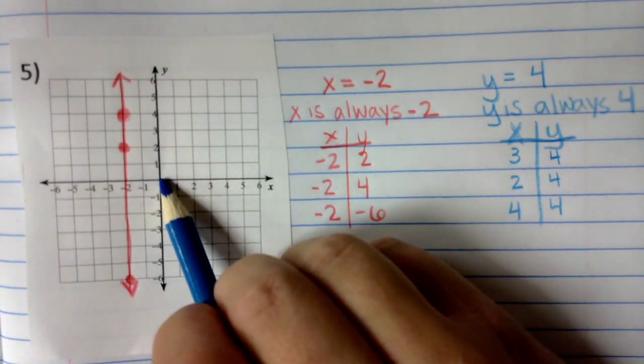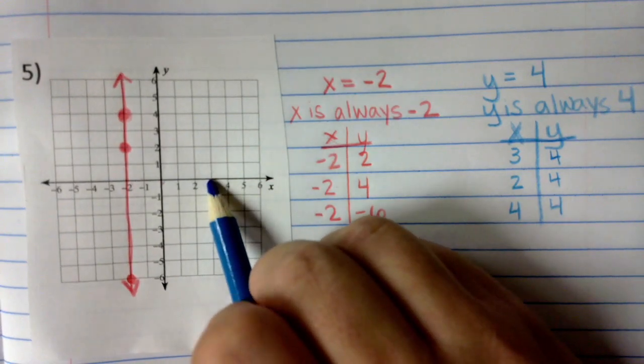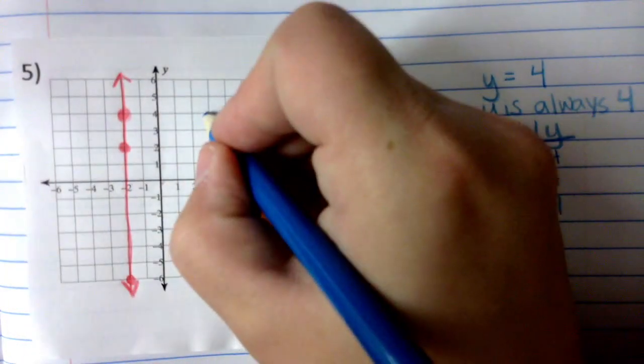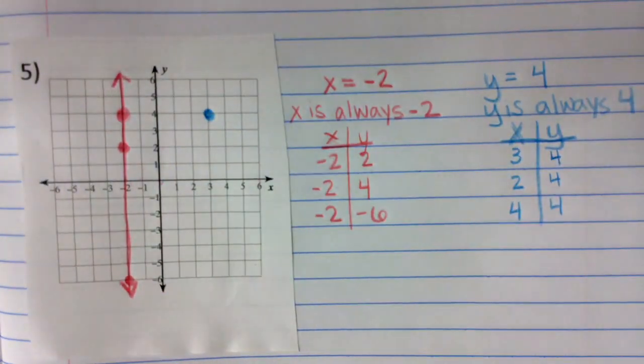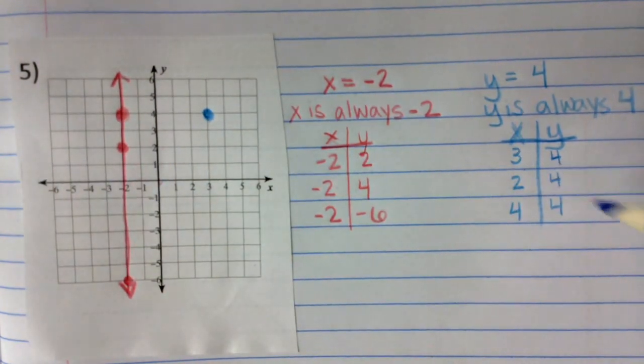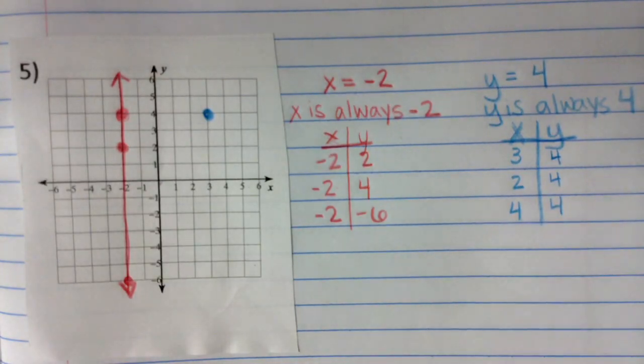How are we going to get to 2, 4? Good. Right 2. Alright, so 2, 4 is right 2, up 4.